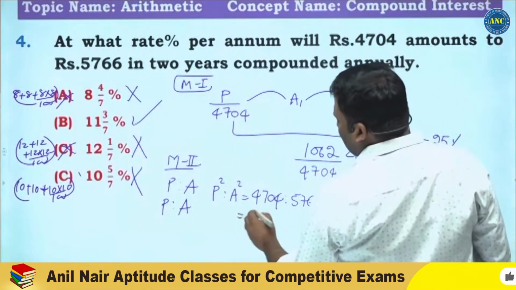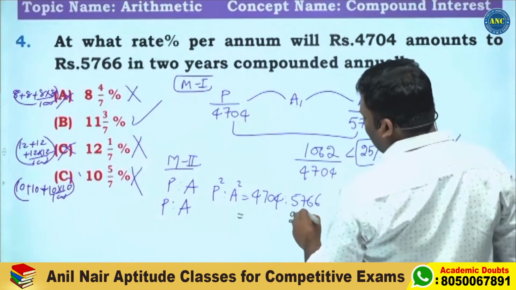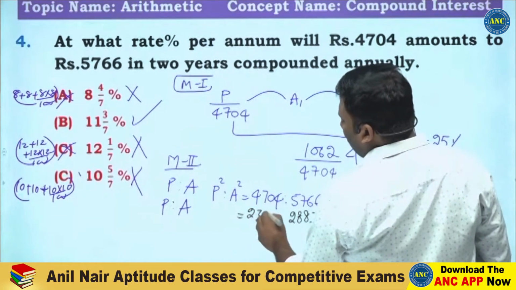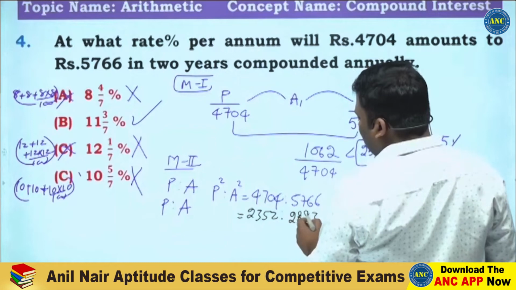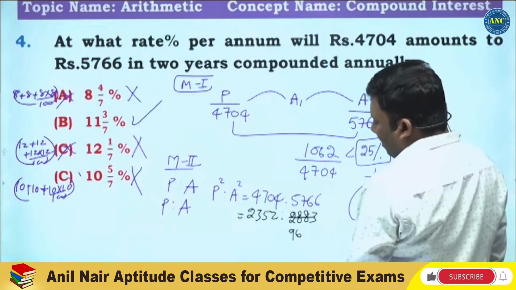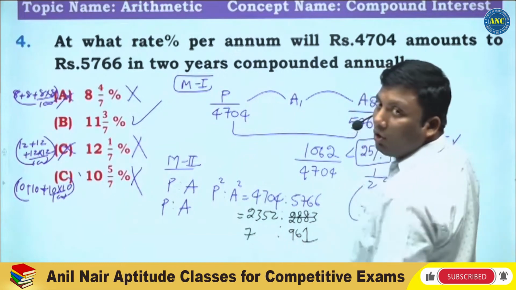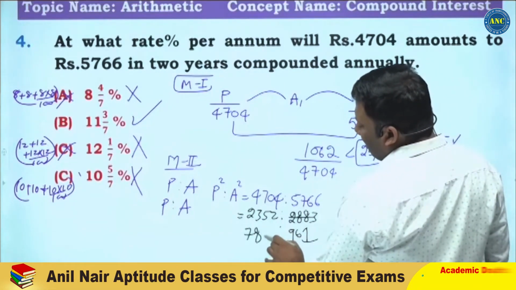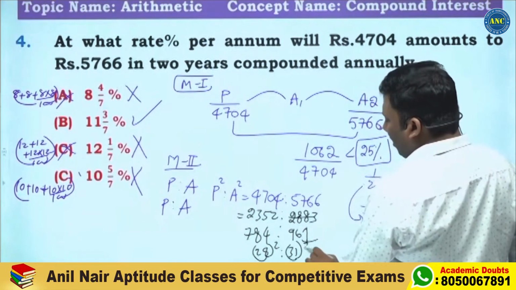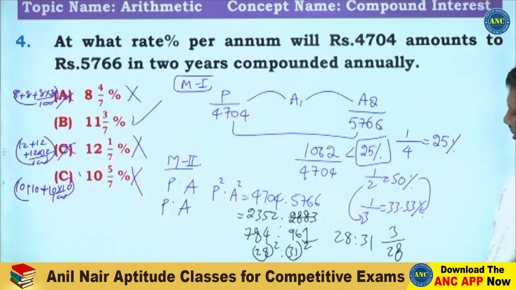So let us see. 2 8s are 16, 2 3s are 6... See how much calculation you are doing. These 28 square is to 31 square. So 28 is to 31. It is 3 by 28.